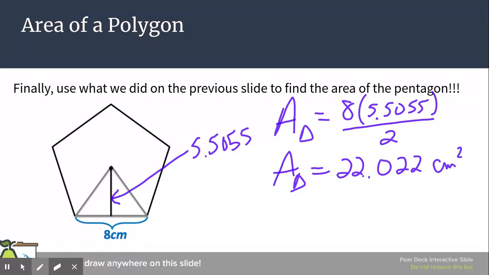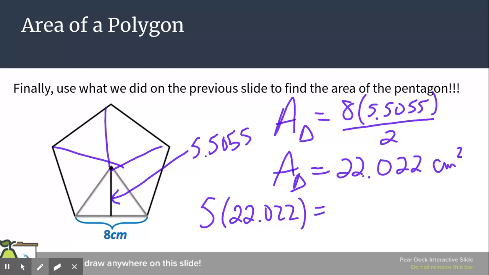but I'm not quite done because I know that I have 5 triangles in my pentagon. 5 triangles in my pentagon means I need to take 5 times the area of my triangle. So when I do that, times 5, I end up with 110 point, let's see, how about 11 centimeters squared.